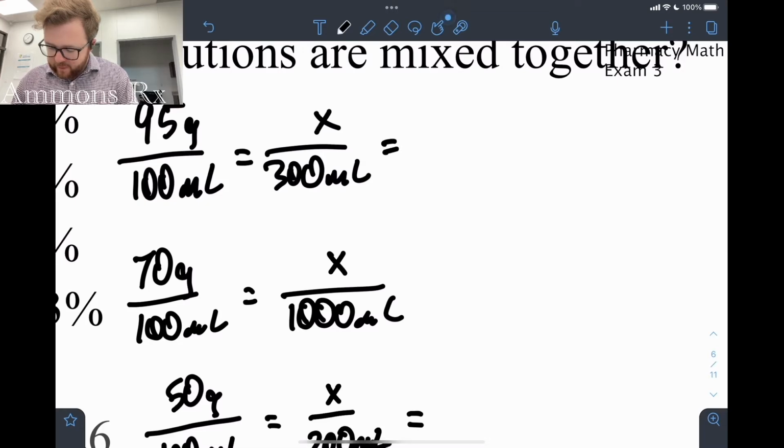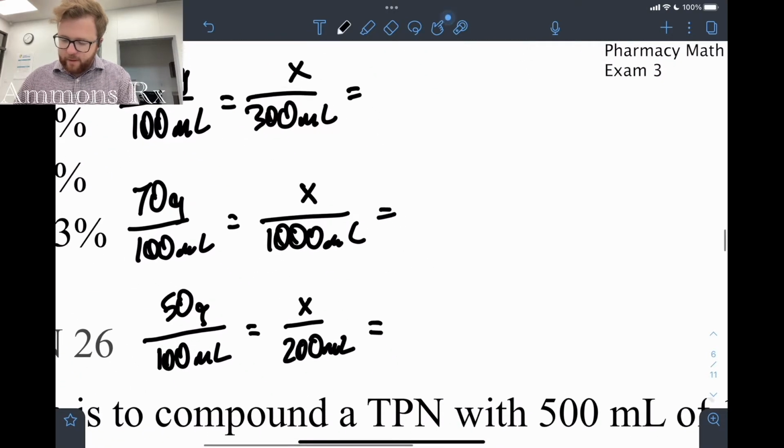Okay, so let's go ahead and calculate how many grams of each compound we have.